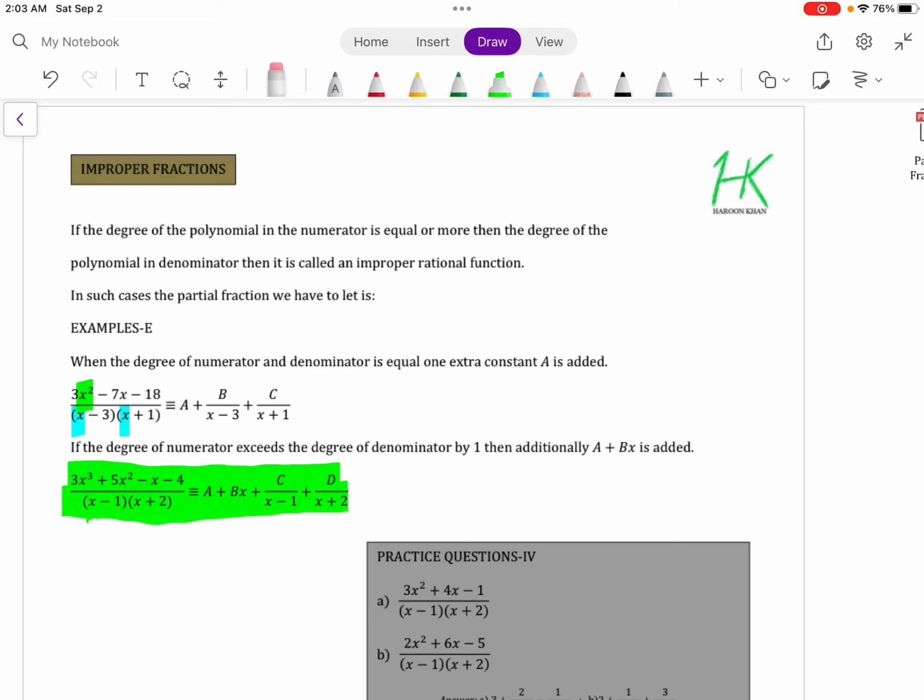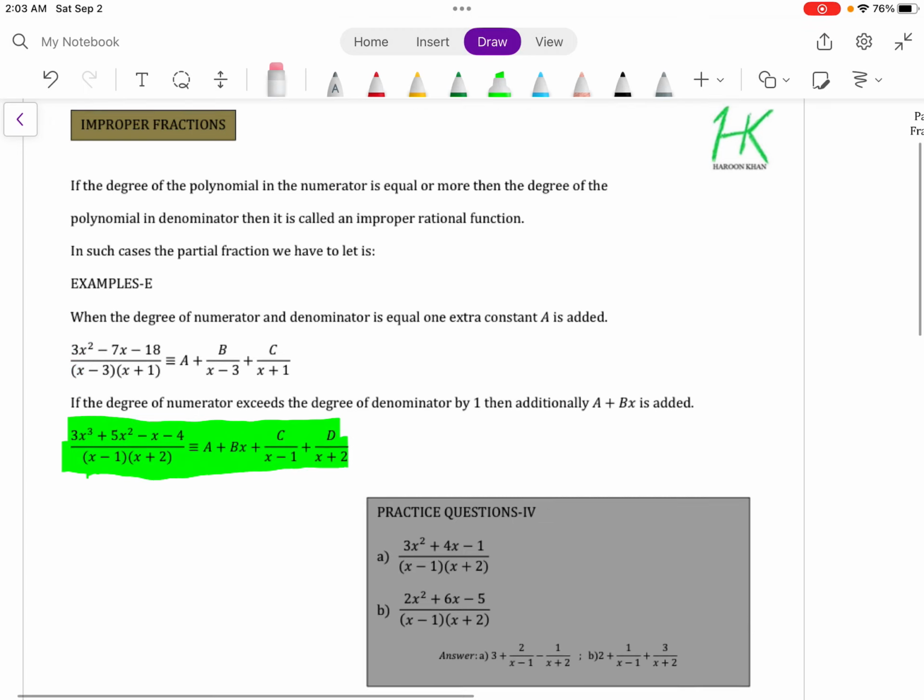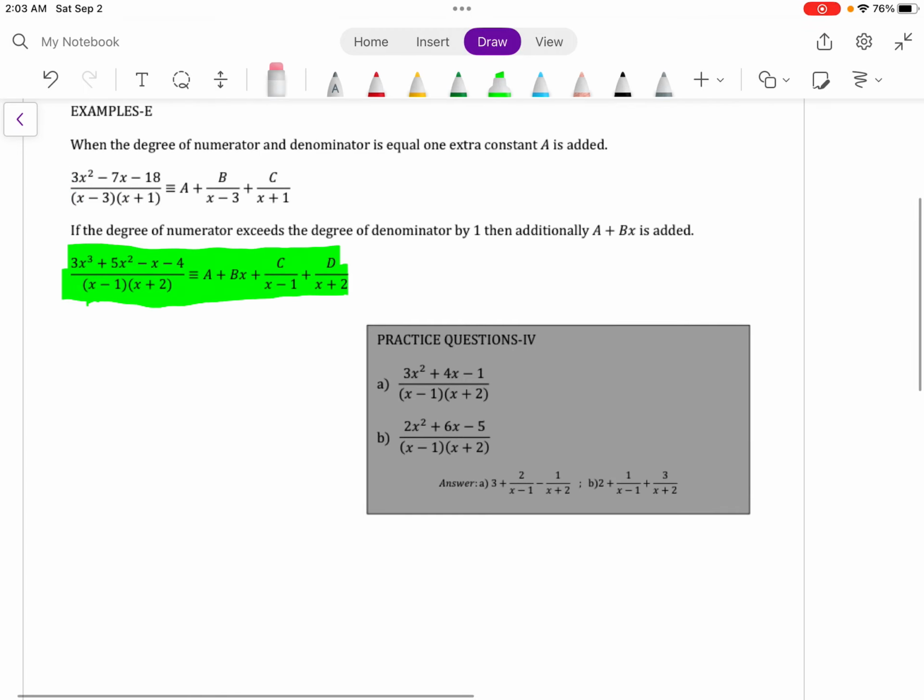So I'm going to discuss the first example, which is the case of equal degree. This is 3x square minus 7x minus 18 over x minus 3 and x plus 1. So the degree is the same in this case.